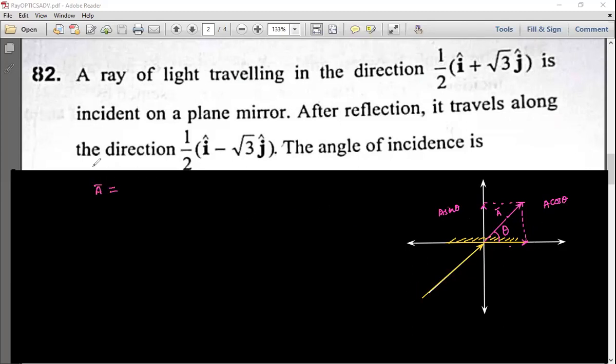A bar means incident vector, incident light vector. This is what? 1 by 2 i cap plus root 3 by 2 j cap. If I will compare with this, A bar is equal to A cos theta i cap plus A sin theta j cap.